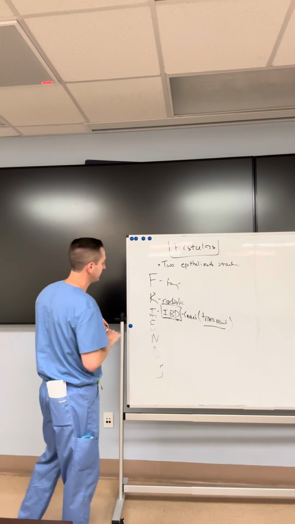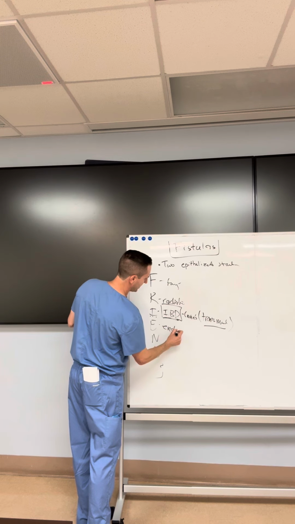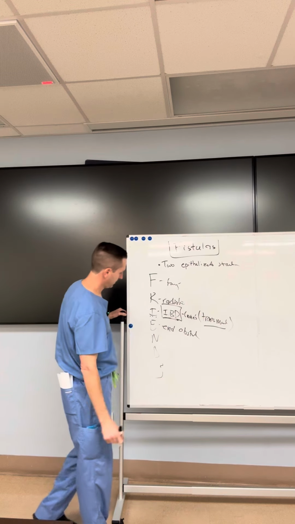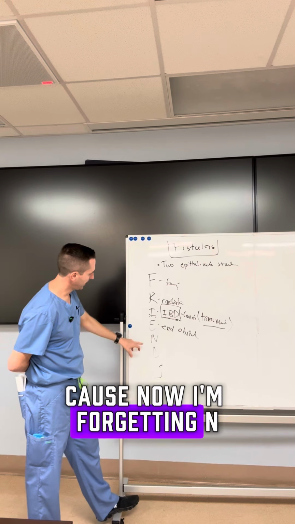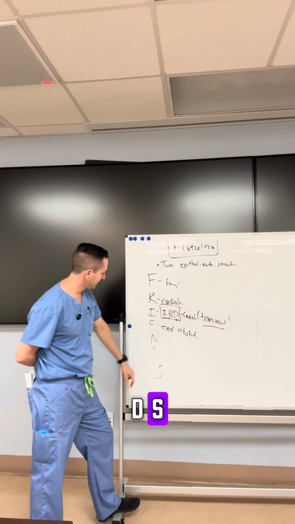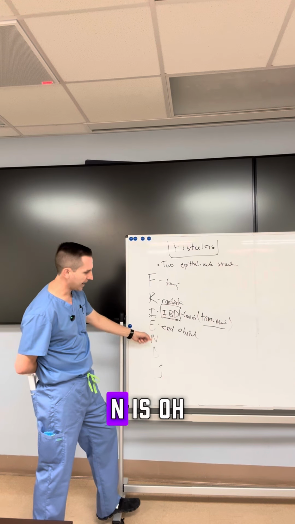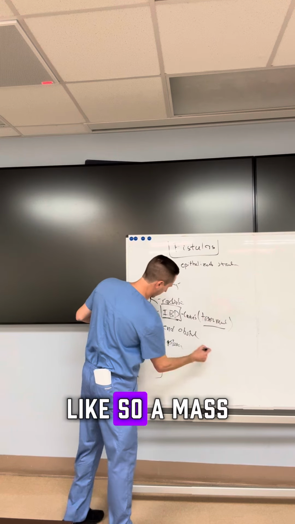E. I think E is an end obstruction, like something's blocking you. Let me pull out some notes on this because now I'm forgetting. N. D, S, I think is like sepsis, again going with our inflammation. N is neoplasm, so a mass.